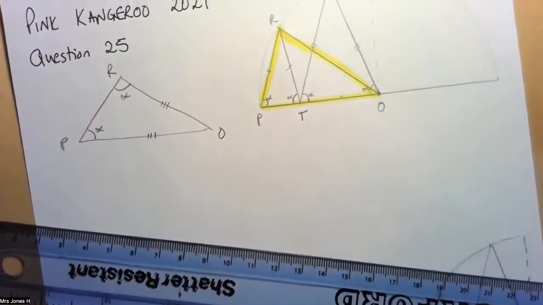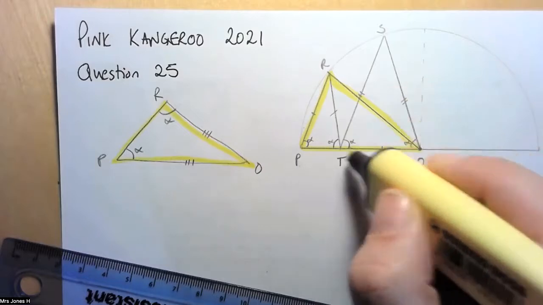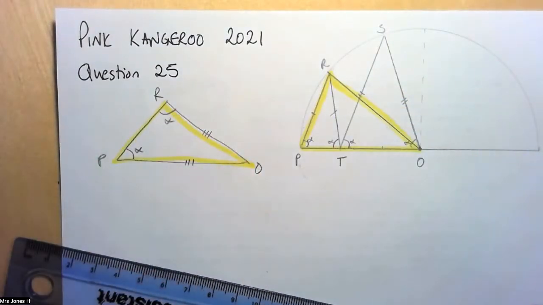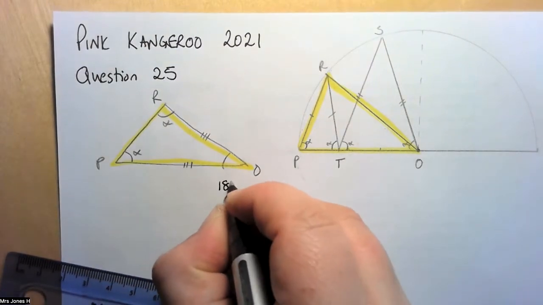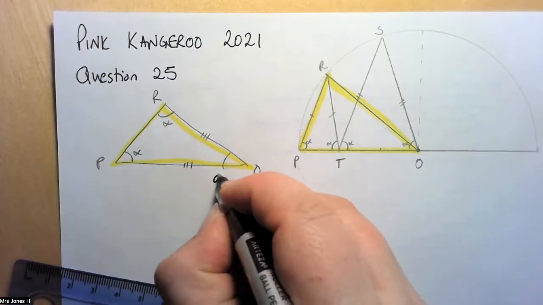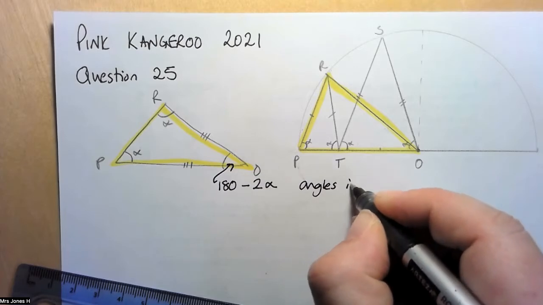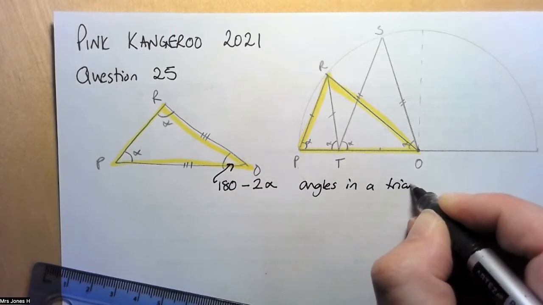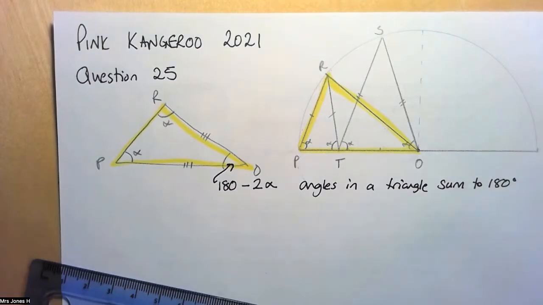So in this triangle here, therefore this angle here is going to be 180 subtract 2 alpha, because angles in a triangle sum to 180.